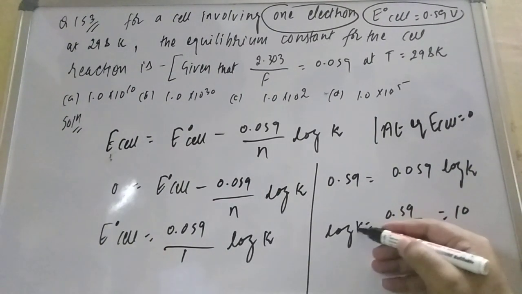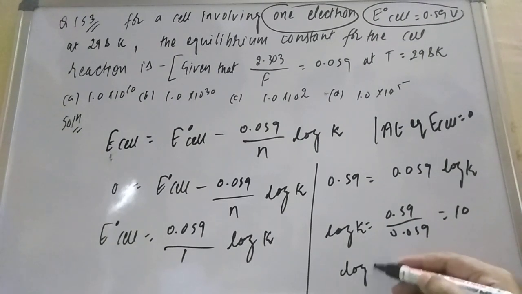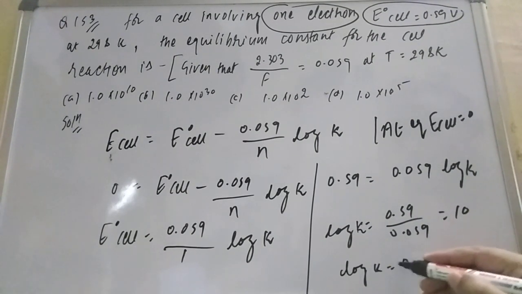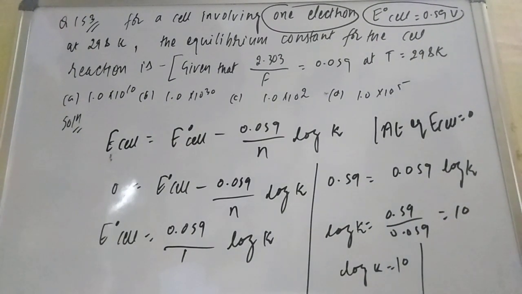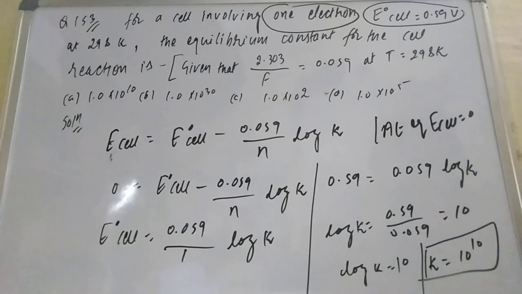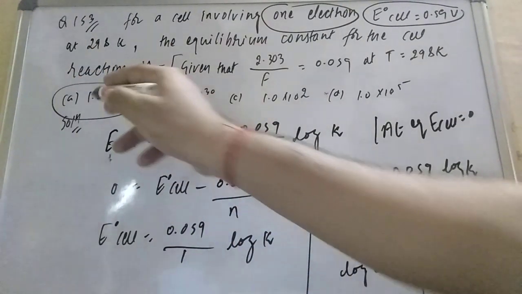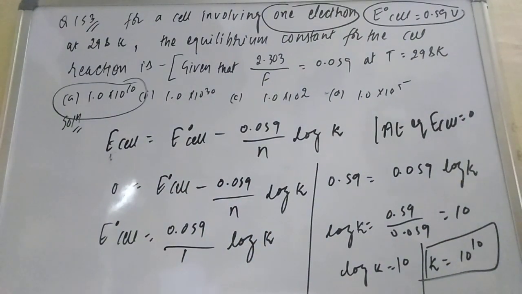So log K is equal to 10. But they are asking for K, so K equals 10 power 10. K equal to 10 power 10 will be our answer. Which one will be the option, student? Option number 1, 1 into 10 power 10. Option number 1 is the correct answer.